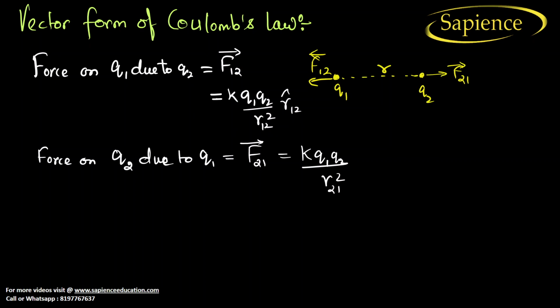Now, one more important thing, a revision: force on q1 due to q2 is equal to k q1 q2 by r21. Why r21? Because the force is in this direction, so r will go from this to this direction. So always remember, this won't work.